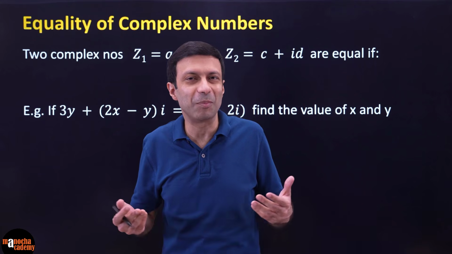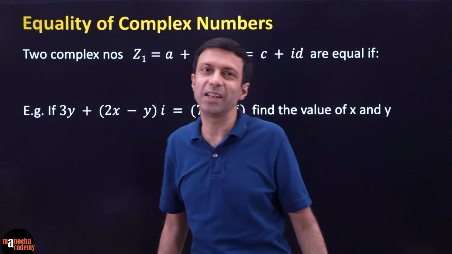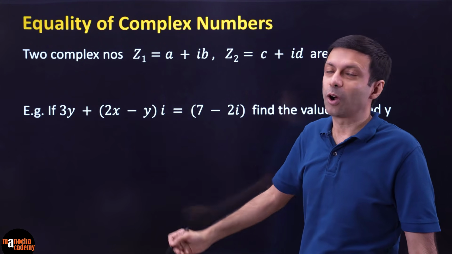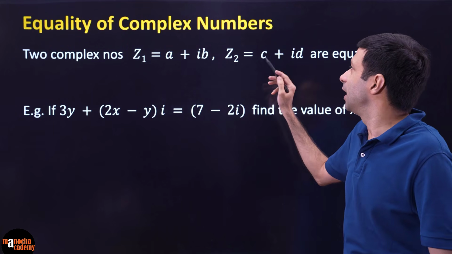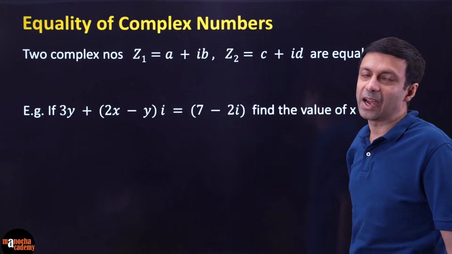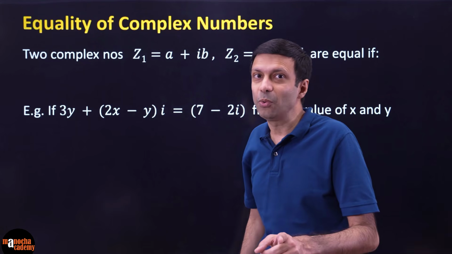When are two complex numbers equal? So let's understand with an example. Let's say you take two complex numbers like z1 equal to a plus iota b and z2 equal to c plus iota d. When will they be equal?